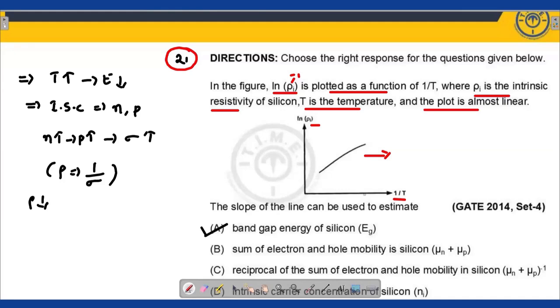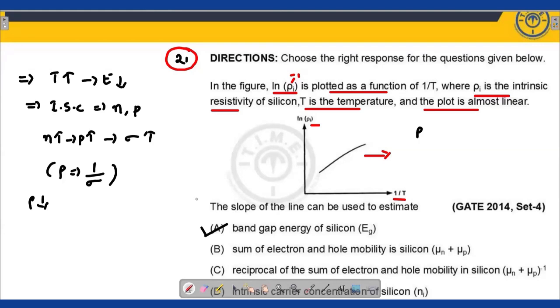Okay. When the resistivity is decreasing, see the graph I'm going to tell you, it is rho versus 1 by T, my dear friends. When the conductivity is increasing, the resistivity decreases. Ultimately, one more important thing I would like to bring to your notice.